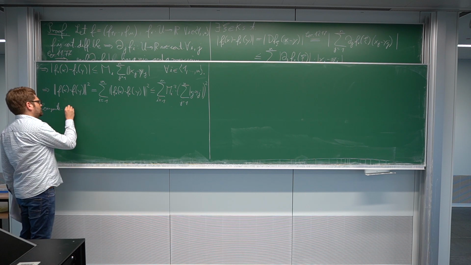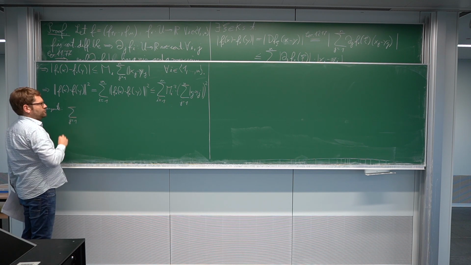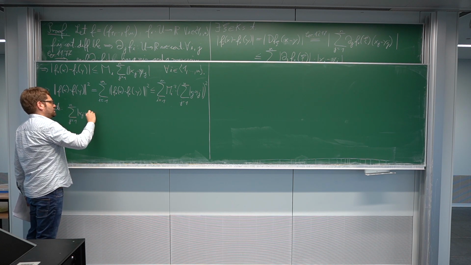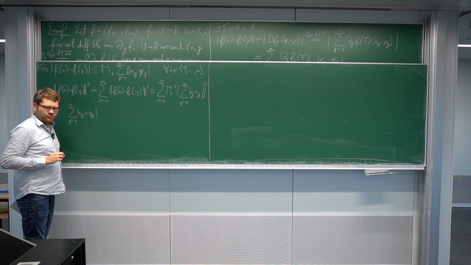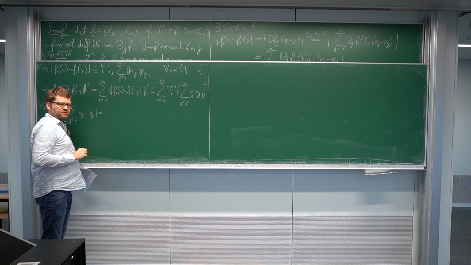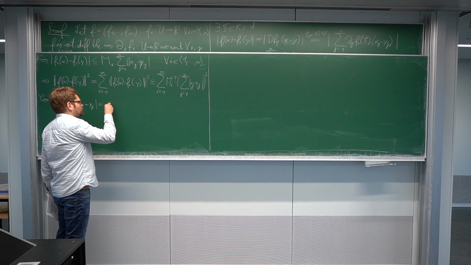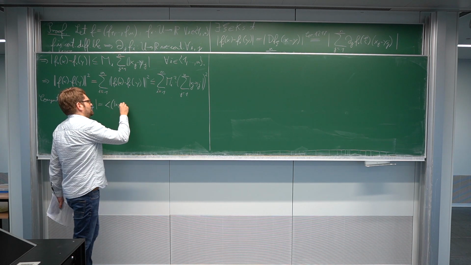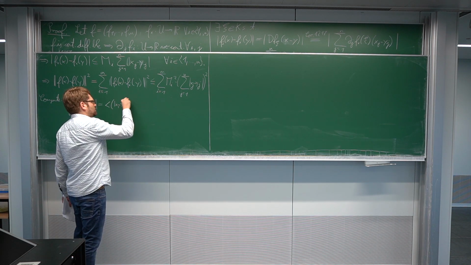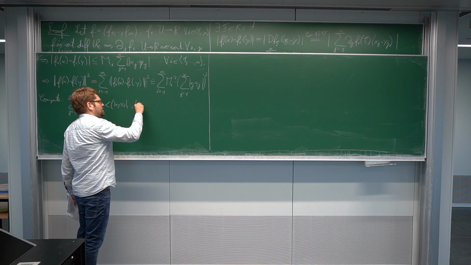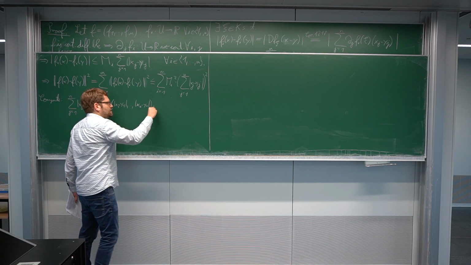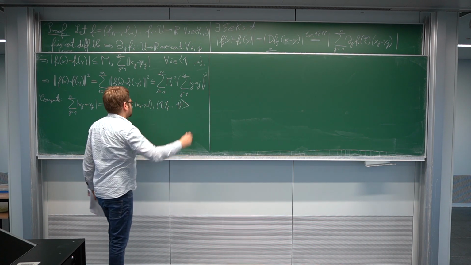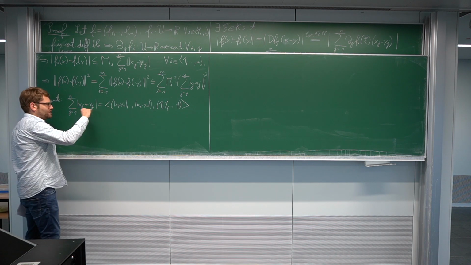If we take this sum, the sum from j equals 1 to n of the absolute value of xj minus yj, it turns out this is the same as the standard inner product of the vector with entries x1 minus y1 and so on to xn minus yn, with the vector which just contains 1. So this is a very unnecessarily complicated way of writing the sum.